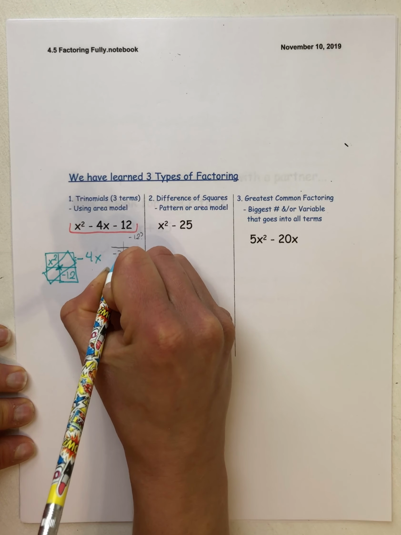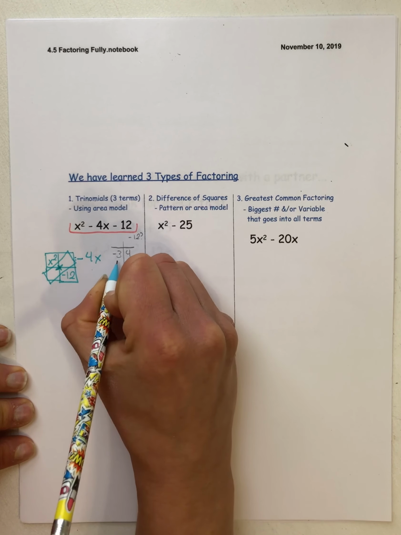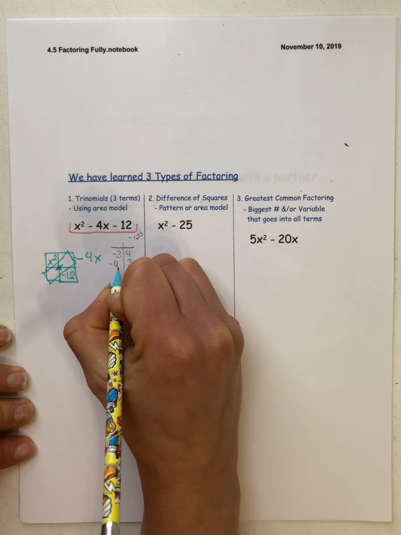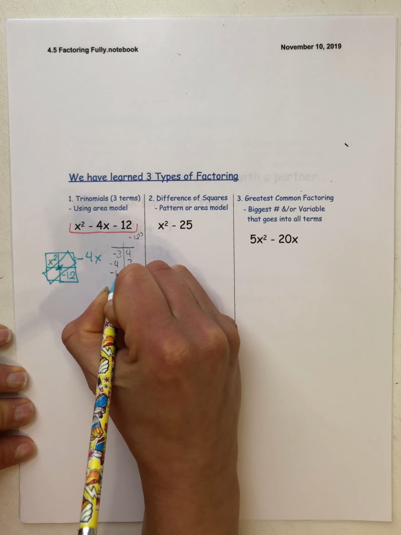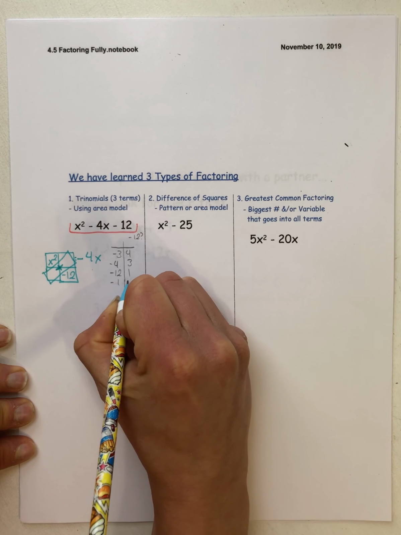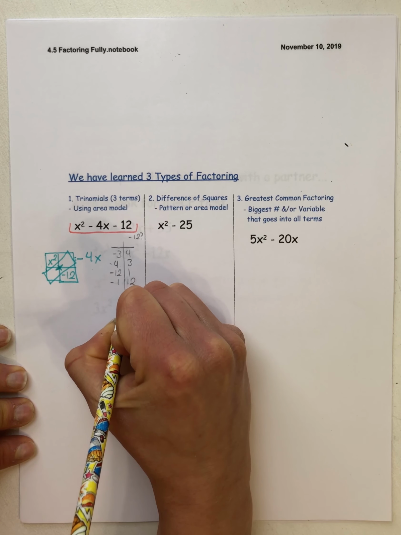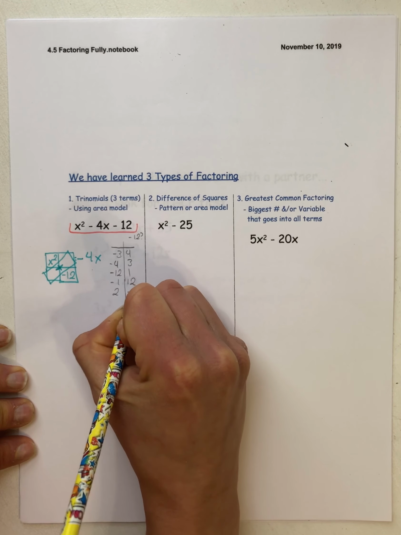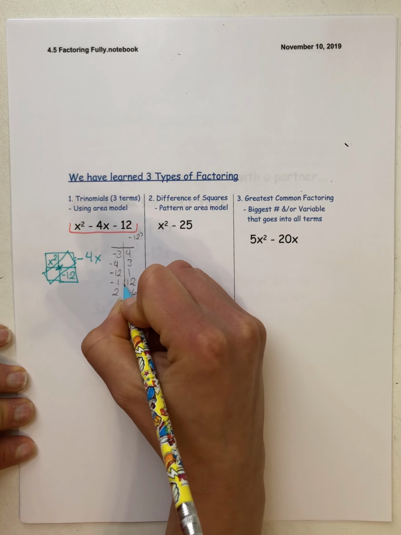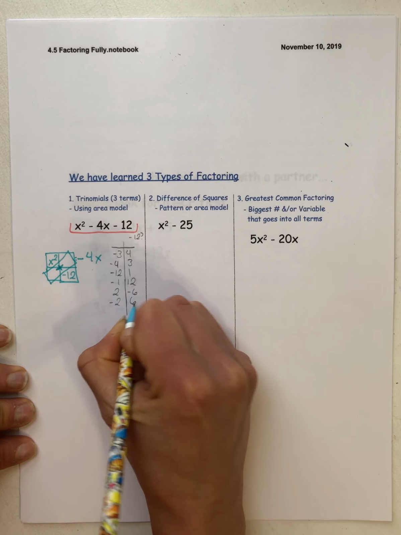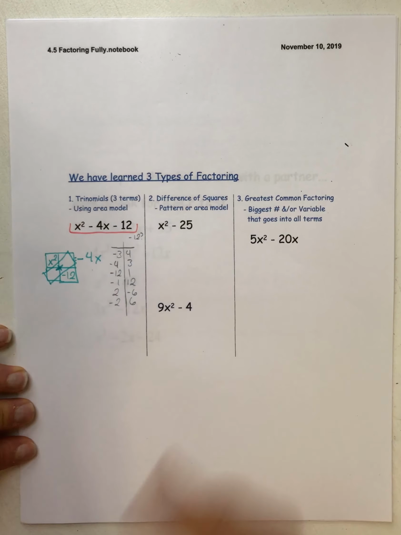So we can do a negative 3 and a 4 and a 4, negative 4 and a 3. And we can do negative 12 times 1, negative 1 times 12. We can do 2 and a negative 6. And we can do a negative 2 and a 6. Okay, so these are everything that multiply together to get negative 12.